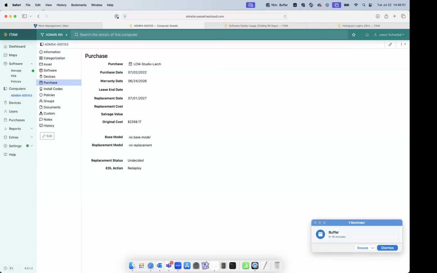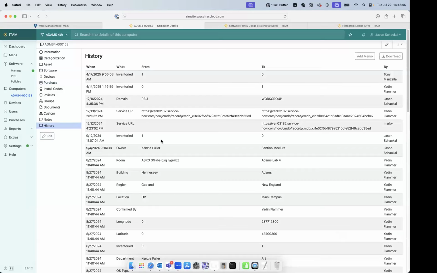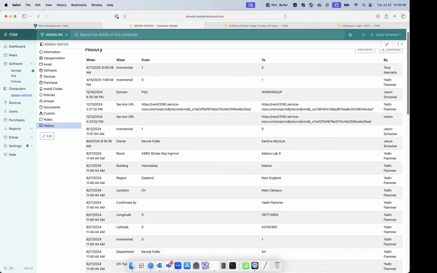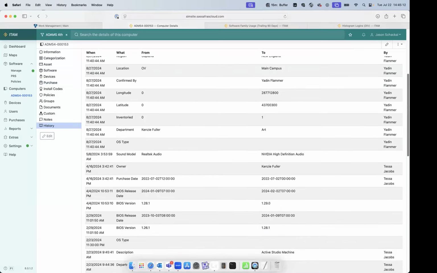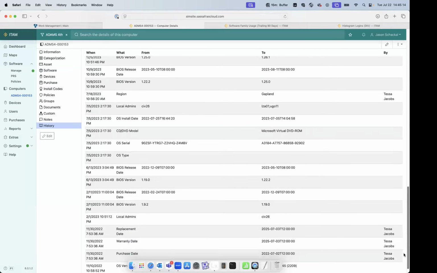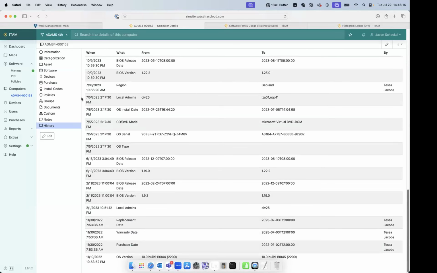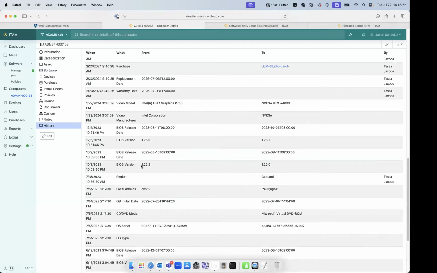And then the last thing I want to show you here is the history tab. So throughout the life cycle of each individual asset, whether it's a computer or a peripheral device, you're going to see any changes that have occurred to any of the hardware attributes that we walked through here. So things like the purchase date or the BIOS or the owner or the region or department.